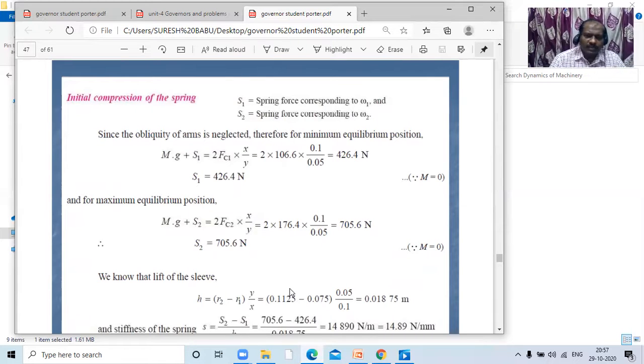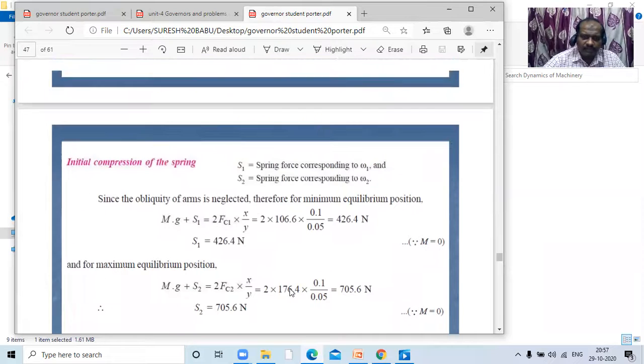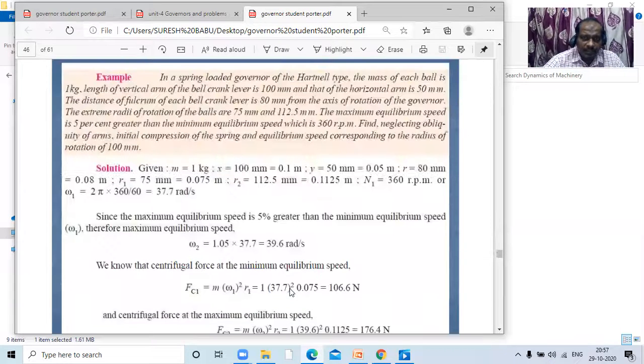It is given that capital M, the sleeve mass, is 2 kg. Each ball is 1 kg.